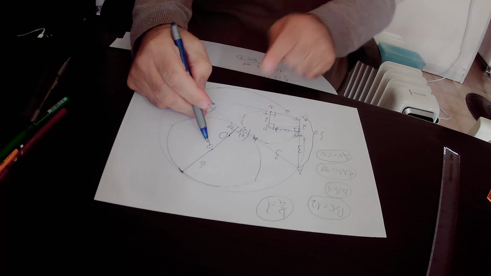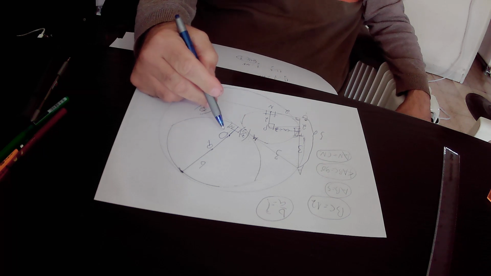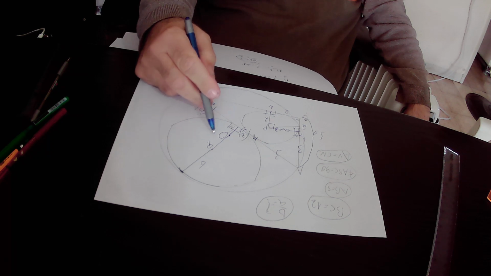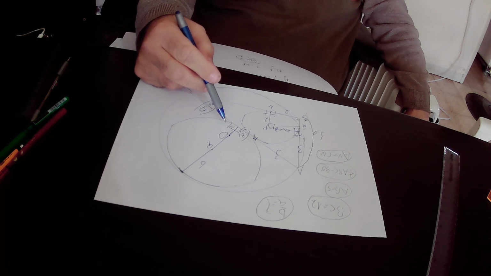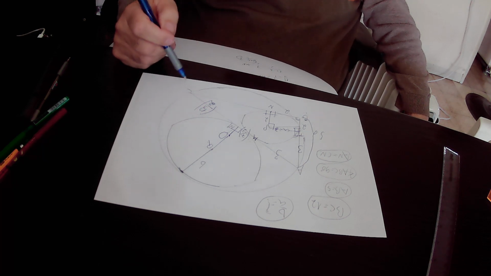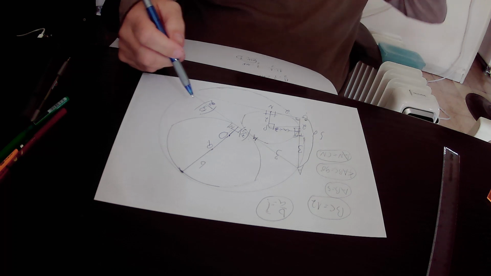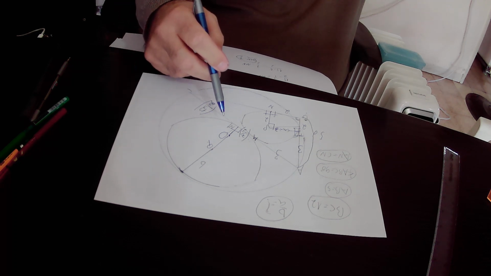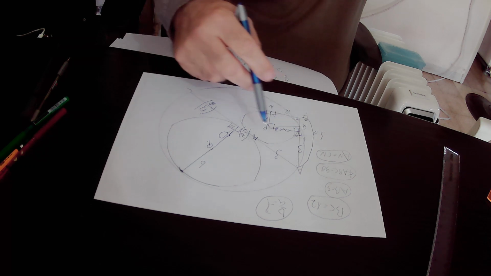Because if point O is not located on QN, it means that ON will not be perpendicular to AC. Only if point O is located on QN, only then will ON be perpendicular to AC.